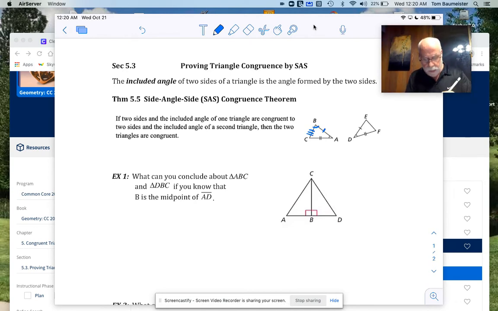You could also say that angle C is an included angle of line segment CB and line segment CA. That's what they're talking about with included: it's in between the two marked sides.